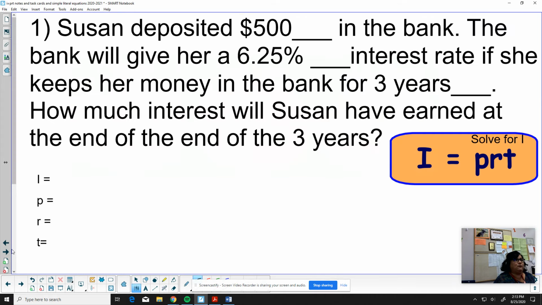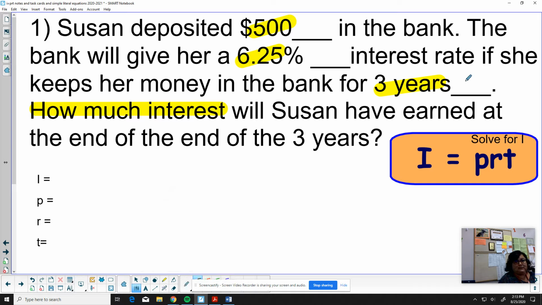If I look at my first example, it says Susan deposited $500 in the bank. The bank will give her a 6.25% interest rate if she keeps her money in the bank for 3 years. How much interest will she have at the end of the 3 years? So I know some things from my given information.